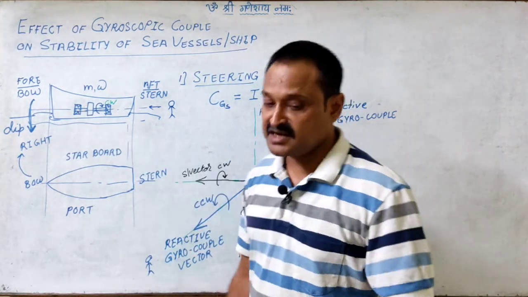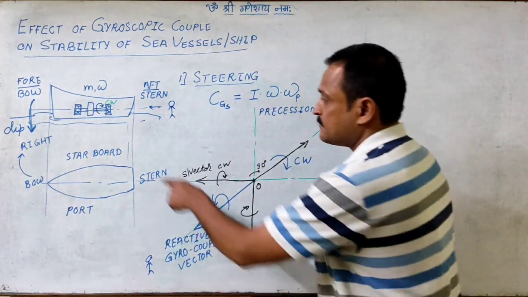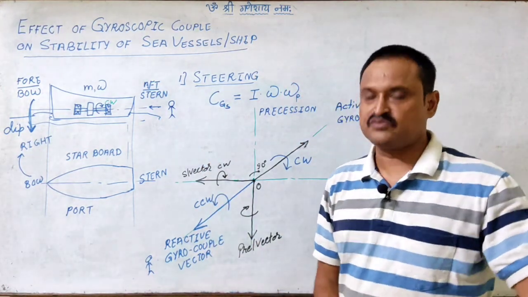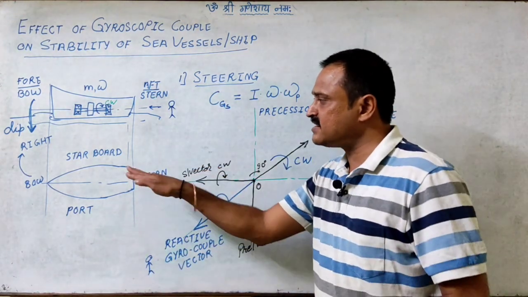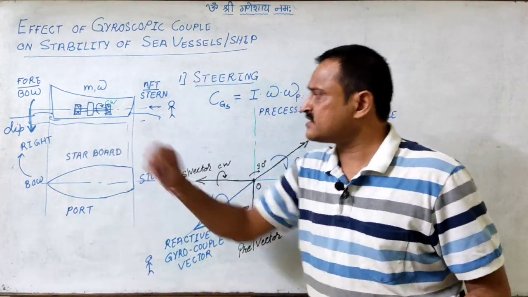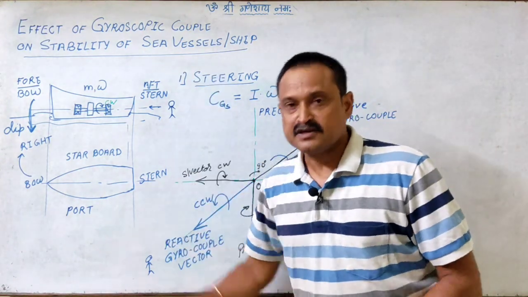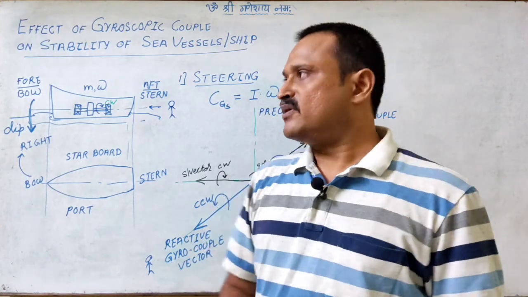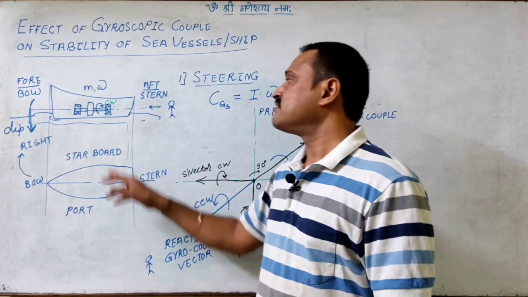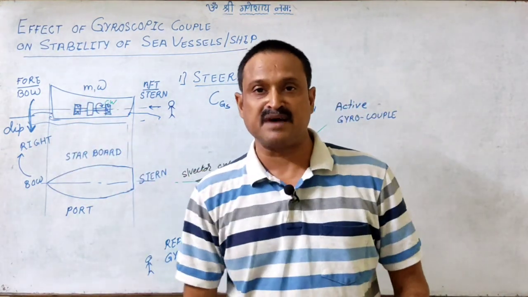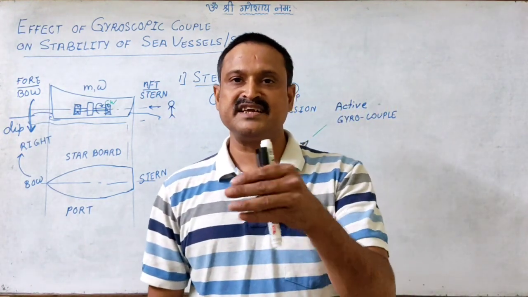But this is how it is going to affect. The ship will always react, so we will always be able to see the reaction. So if I want to comment on the stability when the ship is steering to the right with the given condition of the spinning mass, my comment will be: when steering to the right, the bow is getting dipped.